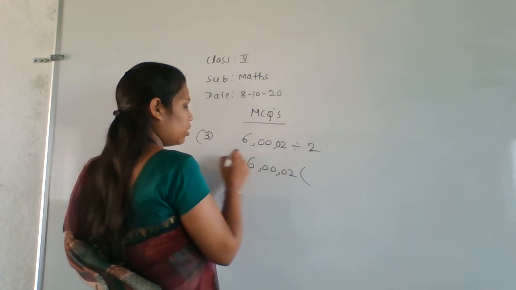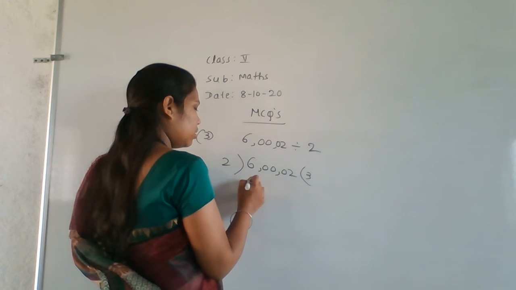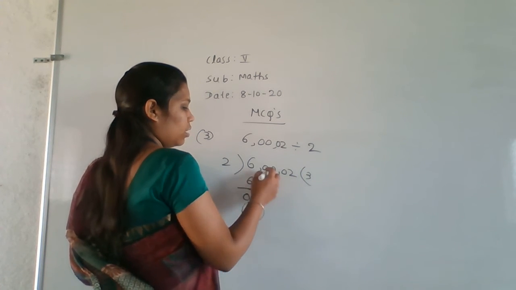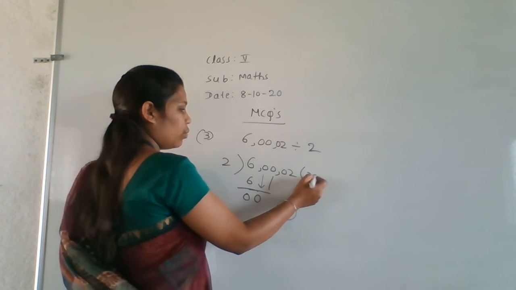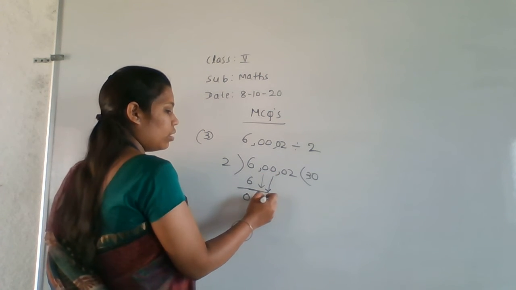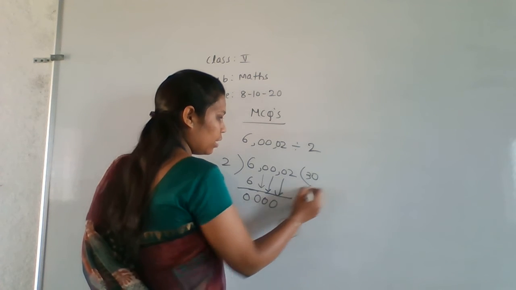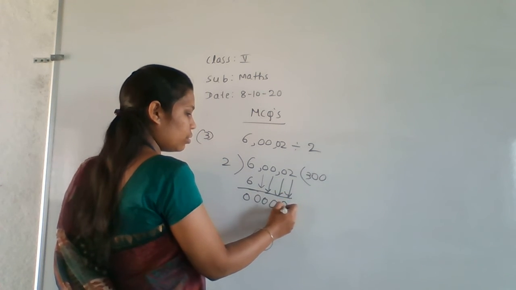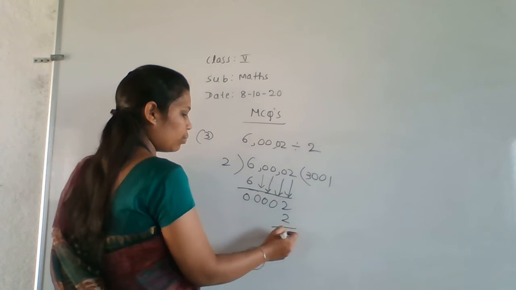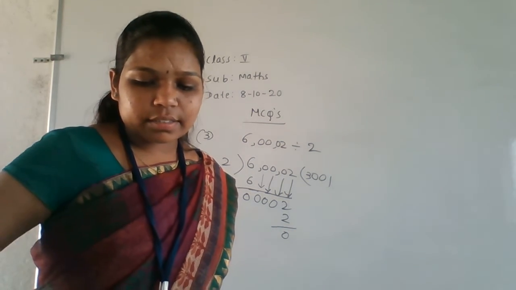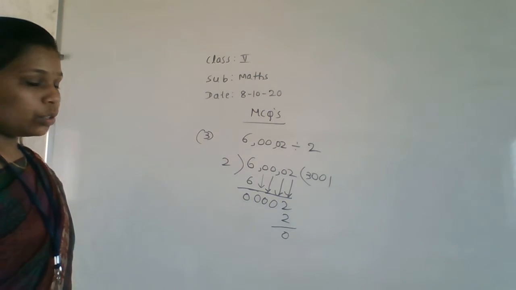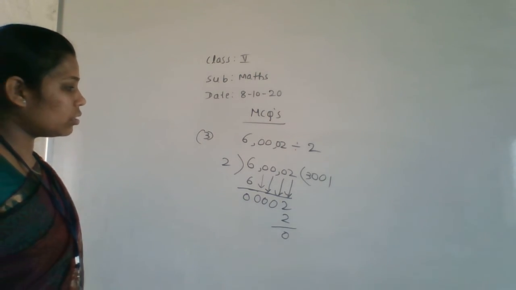So do the division. 2 3s are 6. Next here 0 is there. Take a 0. Here also you have to take a 0. And the next value is 0. Take here 0. Next value is 2. 2 ones are 2. So the remainder is 0 and what is the quotient?